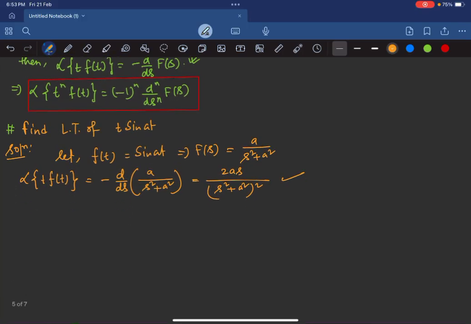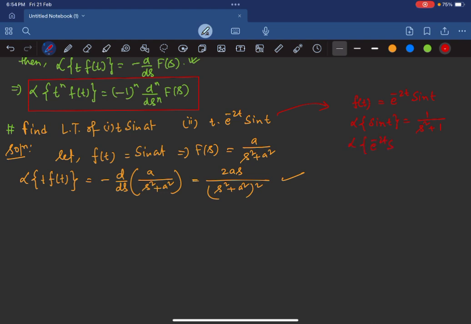This was the first question. Suppose I write a second question: find Laplace of t e power minus 2t sin t. For this second one, see, suppose f(t) is e power minus 2t sin t. You know that Laplace of sin t is 1 by s square plus 1.